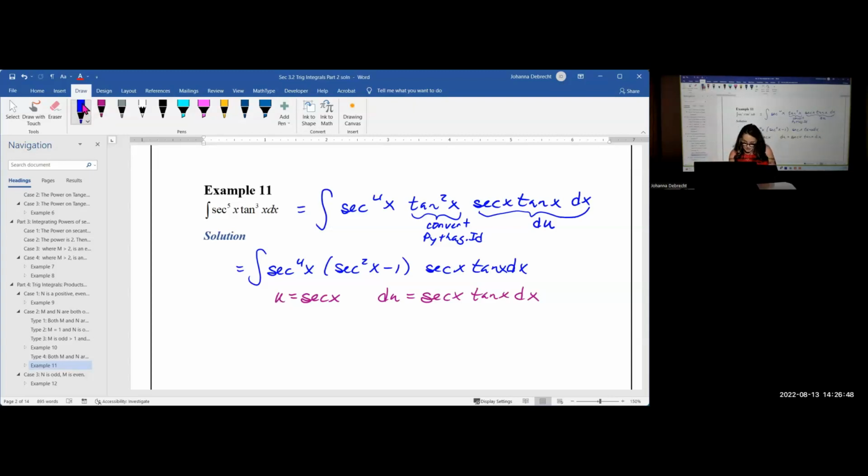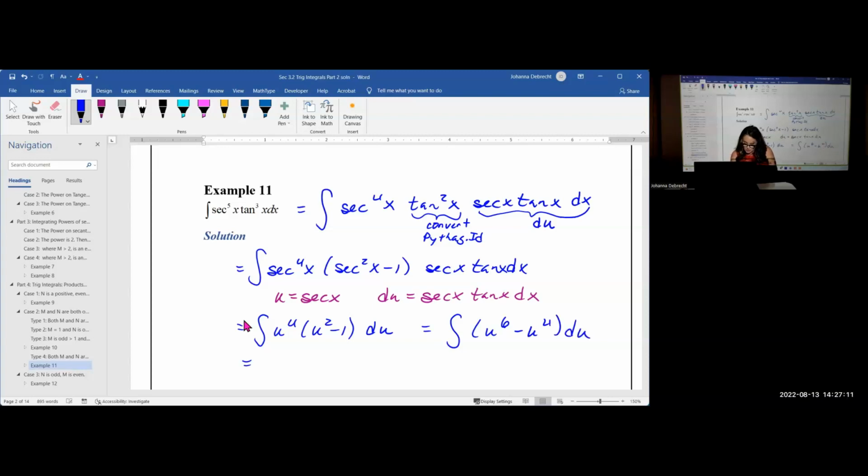So what does that give me? Well, if I rewrite it then, this just gives me the integral of u to the 4th times u squared minus 1, which is the product of two polynomials, easy enough to multiply out, times du. Well, if I multiply that out, I get u to the 6th. Remember, add the powers, don't give me an 8. That will give me minus u to the 4th du.